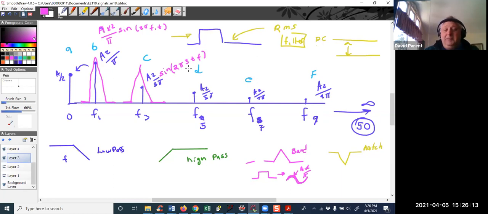So that's still a sine wave, right? It's not DC. And so all of these are sine waves, right? With no DC offset. The only thing that's DC is 0 hertz, this.